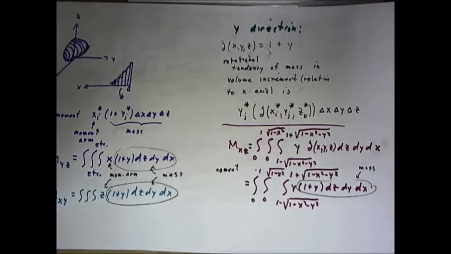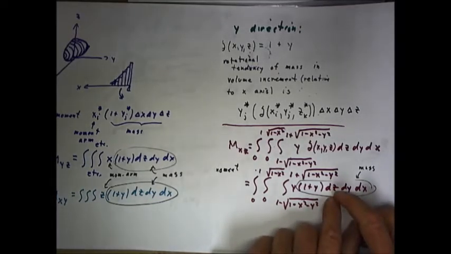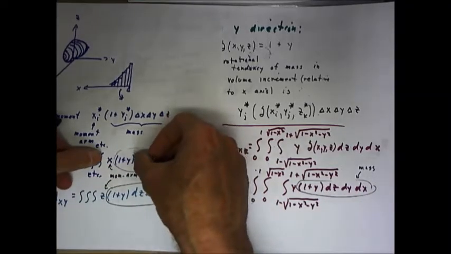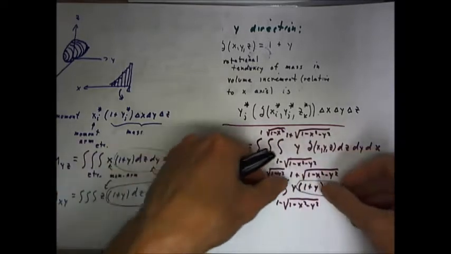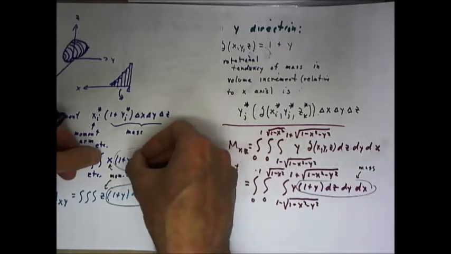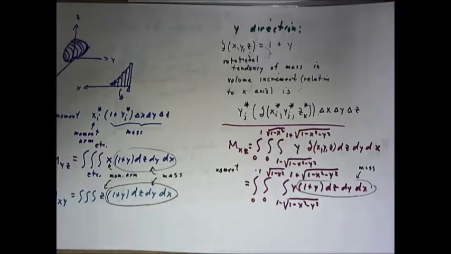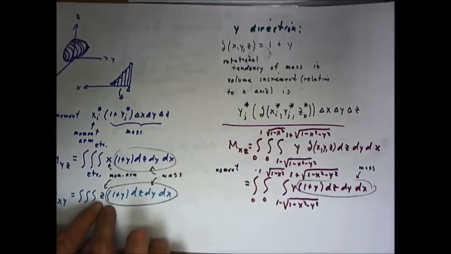From what you've seen about these integrals, it should be clear that when we integrate with respect to z, in this case or this case, this product, the y times 1 plus y or the x times 1 plus y, can be factored out of that first integral. That's not the case if we have this function.